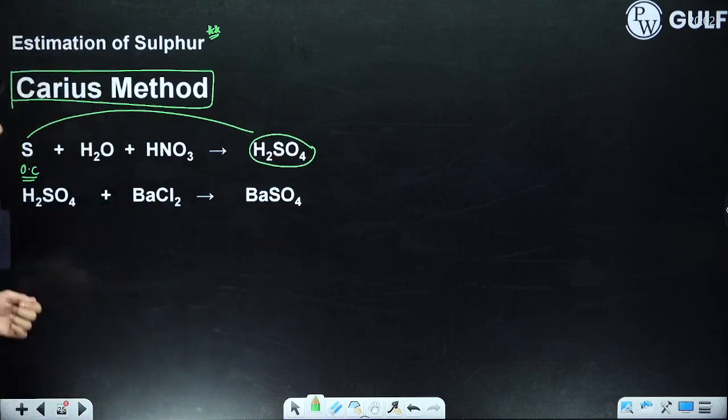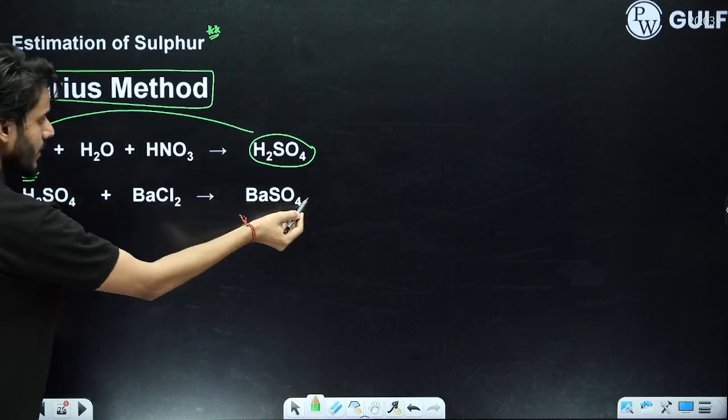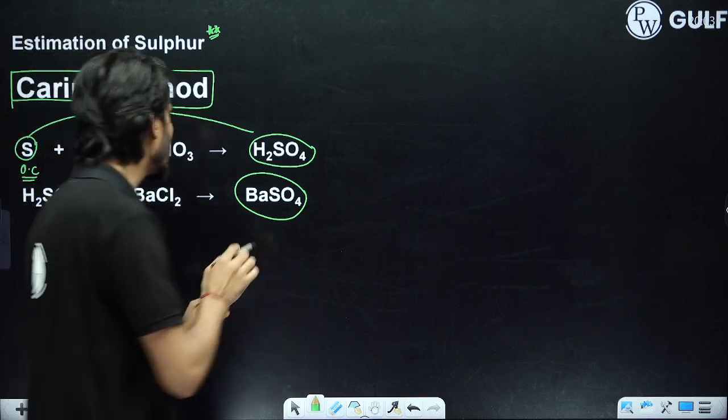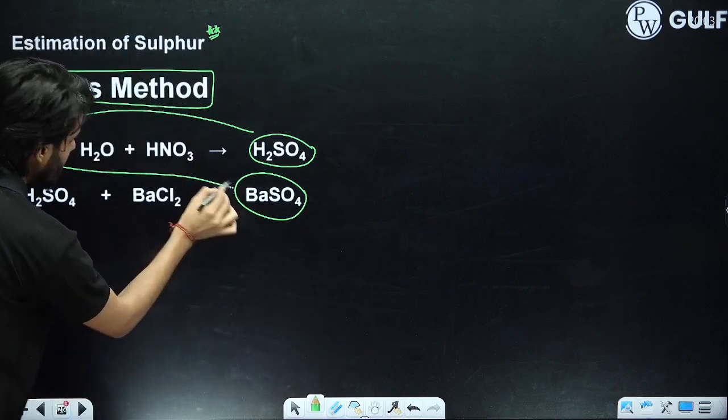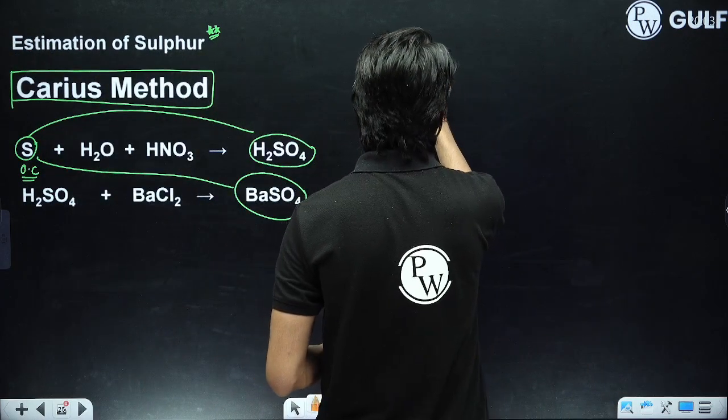Then further, we will react this H2SO4 with barium chloride to finally make barium sulfate, guys. Now, let's understand. We have a stoichiometric relationship between the sulfur from the first reaction and the barium sulfate, and using the stoichiometric relationship between these two, we'll have the percentage of sulfur, guys.